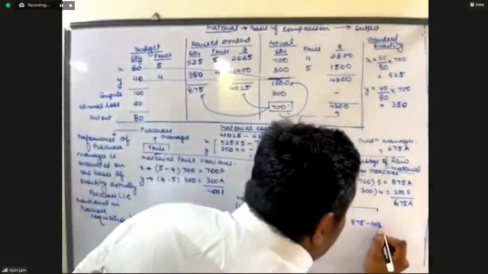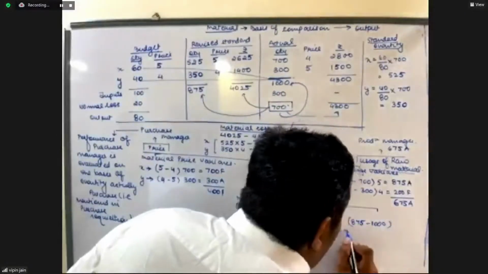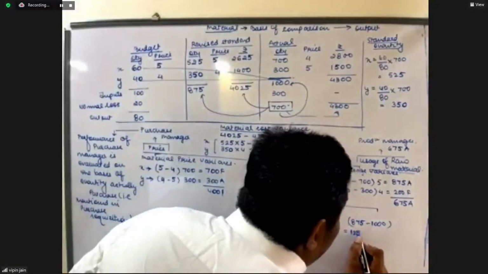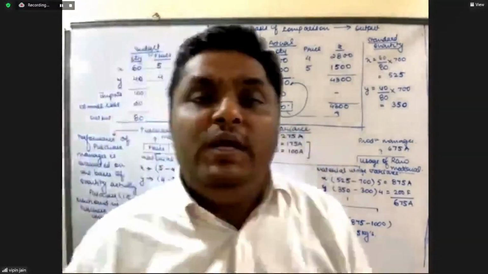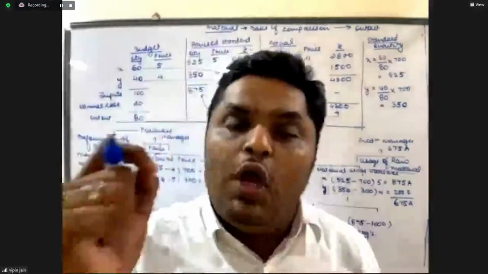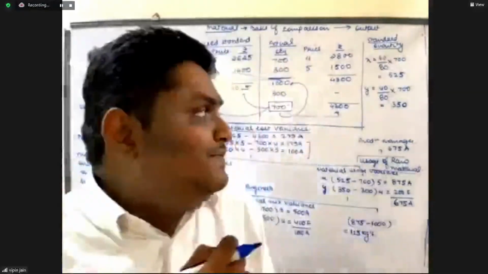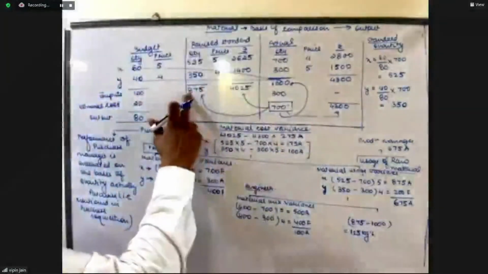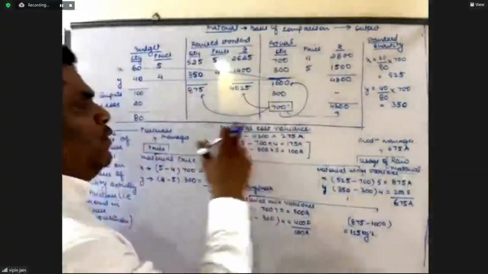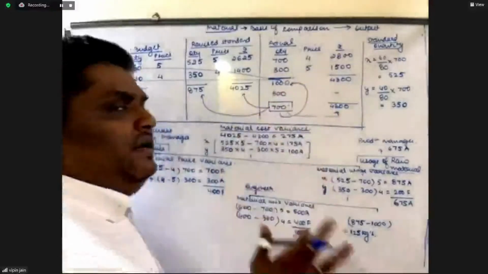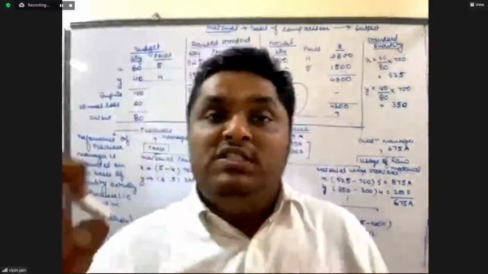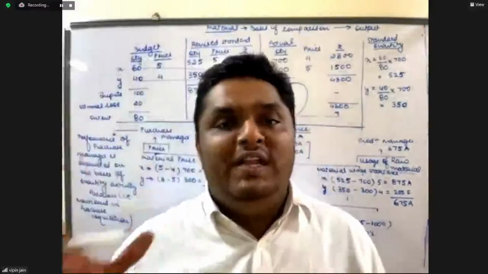It means there is a loss of 125 kgs. The work which was supposed to be completed in 875 kgs was completed in 1000 kgs. It means straight away a loss of 125 kgs.